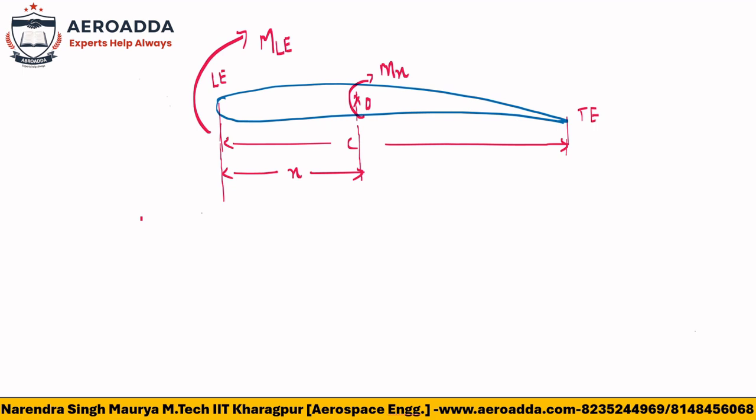Now at that point, the force is perpendicular to the chord line. That force is the normal force here, and this is the horizontal force.